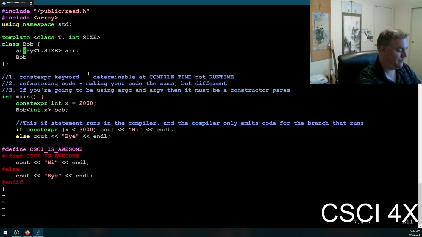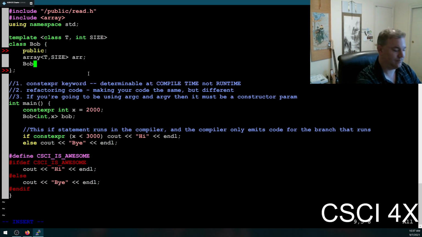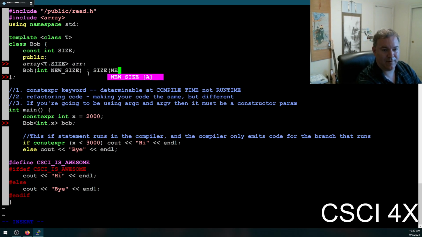So you have to refactor it so it's not in the template parameter anymore. Constant size, and then we're going to be taking new size, and we're going to initialize size to be new size, like that. Can't use an array anymore.